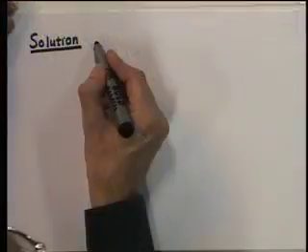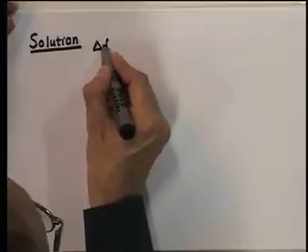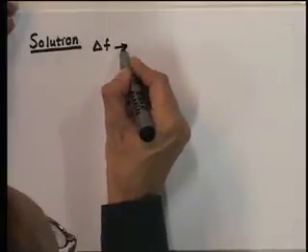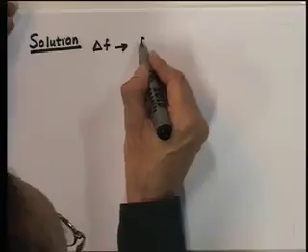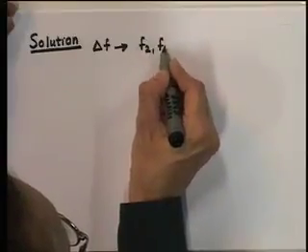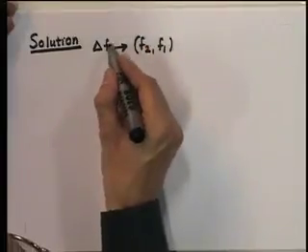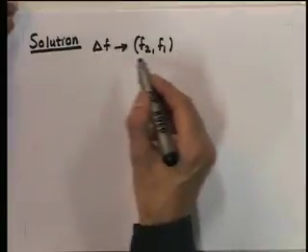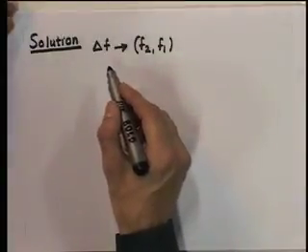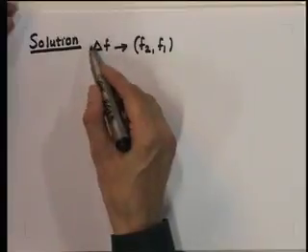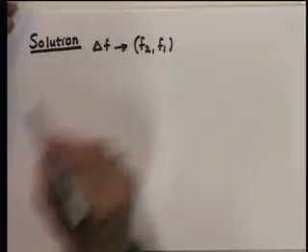The solution to this problem is as follows. Consider a narrowband delta f, where delta f tends to 0 over the range f2, f1, so that we may consider both signal and noise power density to be constant, that is band limited white over the interval delta f.